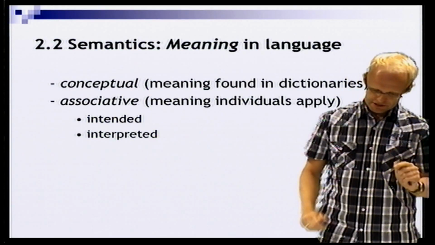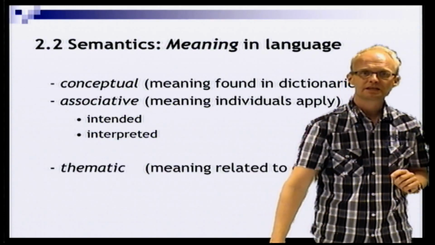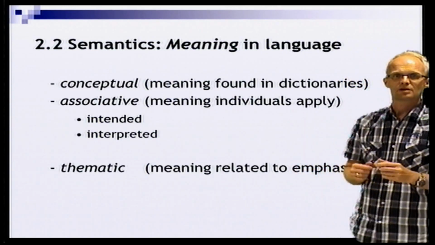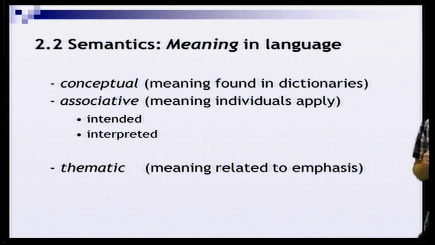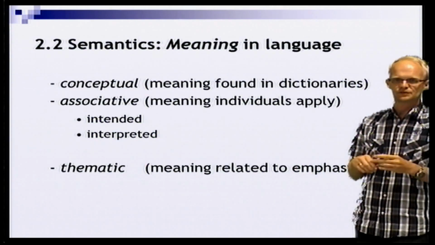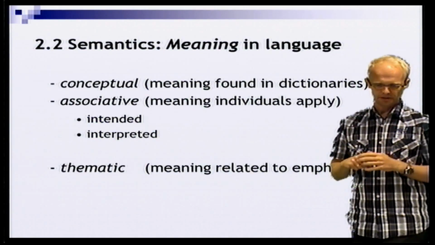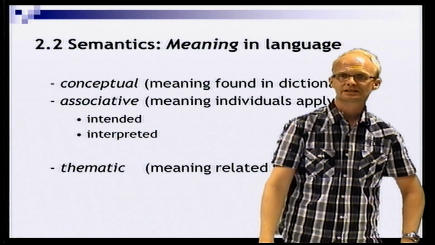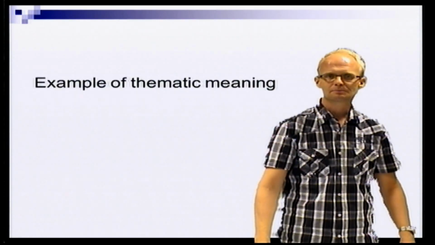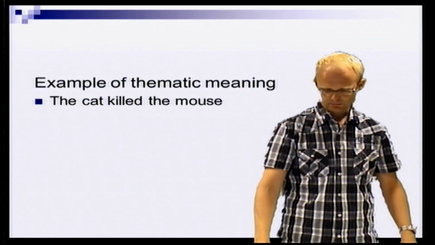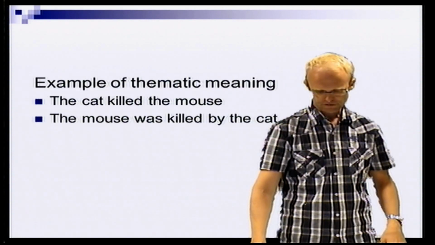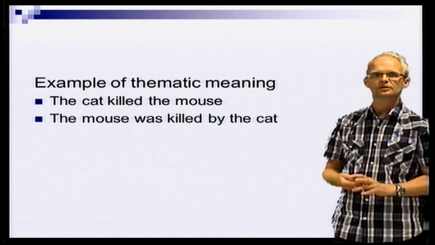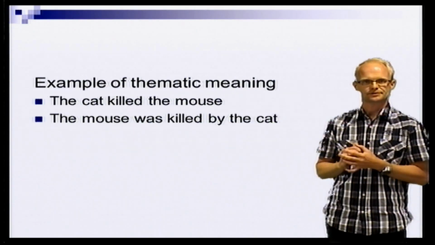Okay, in addition to conceptual and associative meaning, we may also talk about thematic meaning, which is meaning related to emphasis. And in writing, this could be exemplified with the use of active and passive sentences. One example, a rather simple, banal example, would be the difference between the cat killed the mouse and the mouse was killed by the cat.